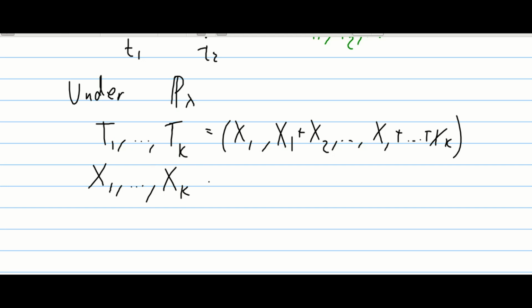And the xk's are distributed as a product of exponential lambda random variables.